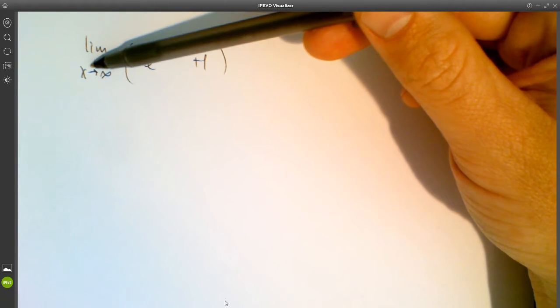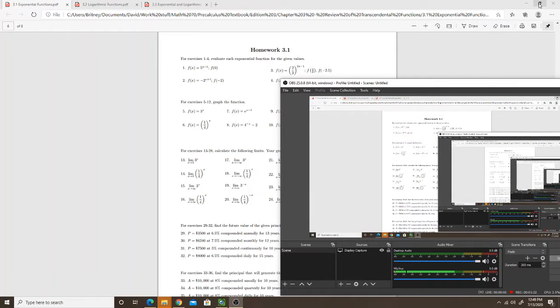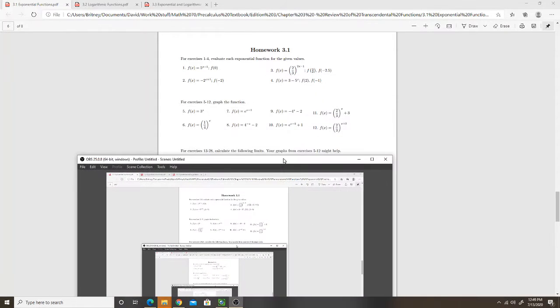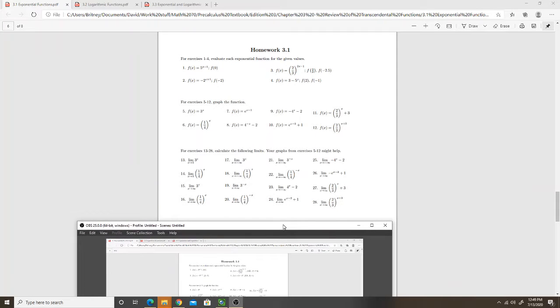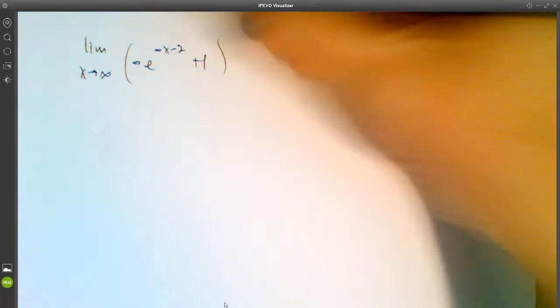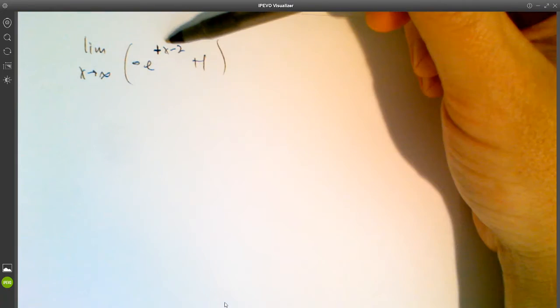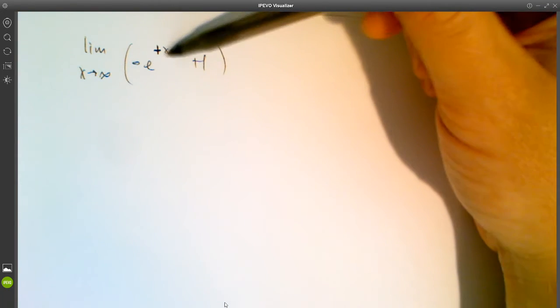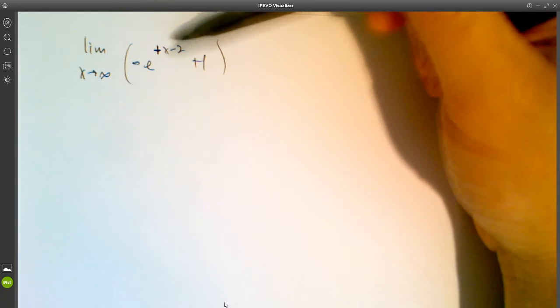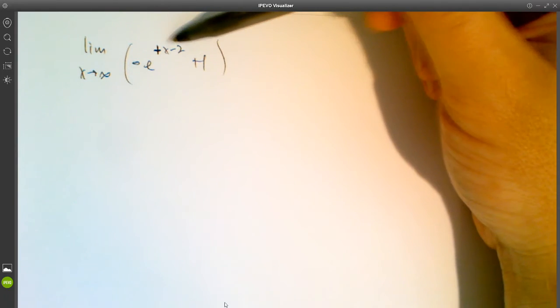So if you imagine plugging in some, I'm sorry, was it an e to the negative x minus 2? No, it's just negative e to the positive x minus 2. My apologies. Anyway, if you imagine plugging in a really big value for x, like 10,002, that way if we subtract 2, we still get 10,000, right?